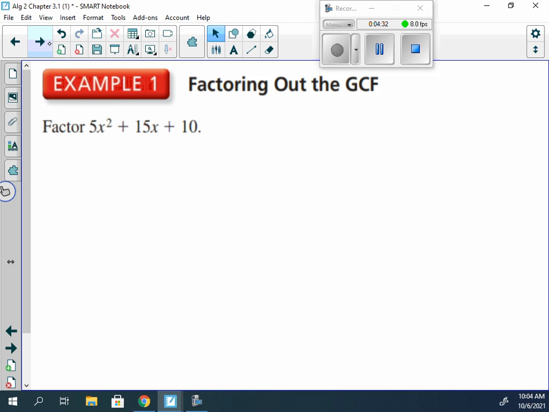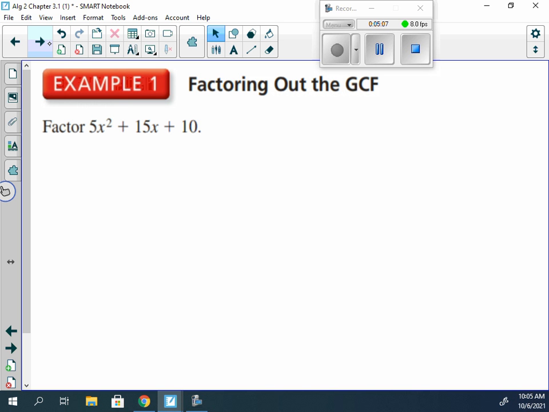But the first main step is to find a greatest common factor. Now, once we find a greatest common factor, we're going to write two sets of parentheses with 3 spaces. That is step 2.